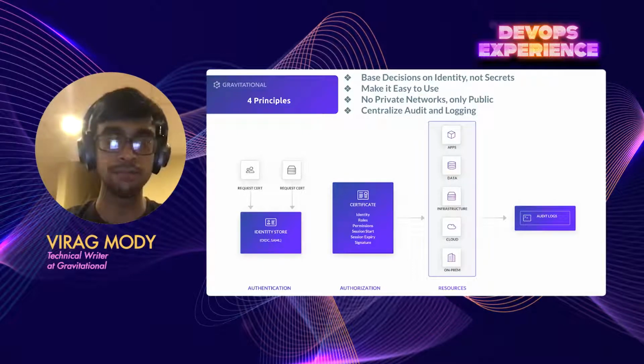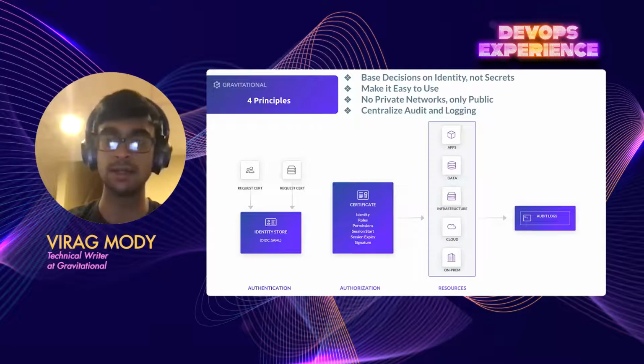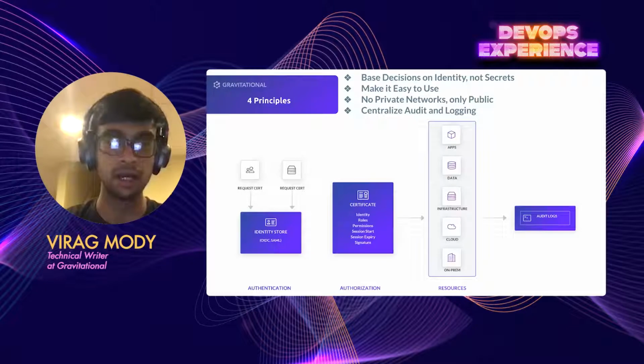But the point is that by using a centralized identity store, you're taking the burden of authentication off of the network and applying it to an IDP that is tasked with that exact challenge, right? One of their tasks is to authenticate. You don't have to authenticate by proxy by using some type of secret.